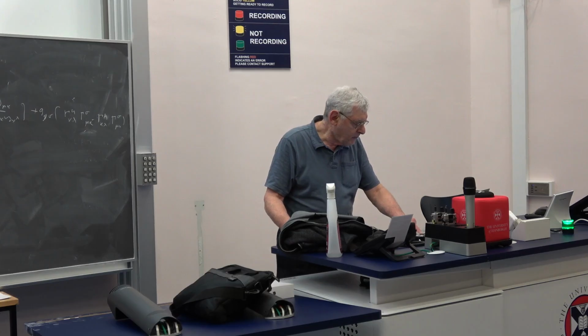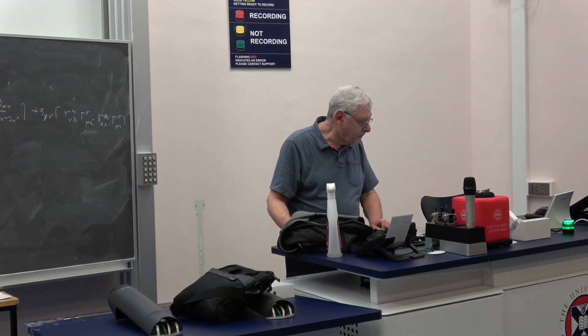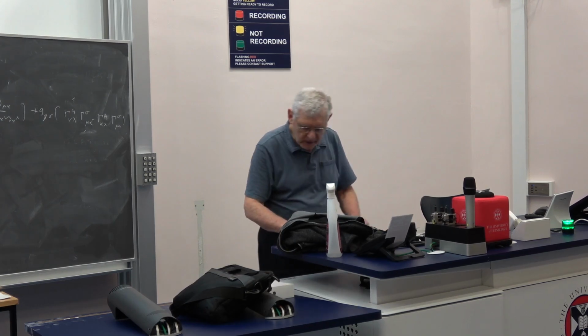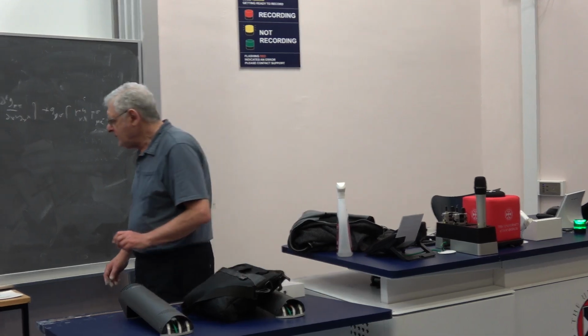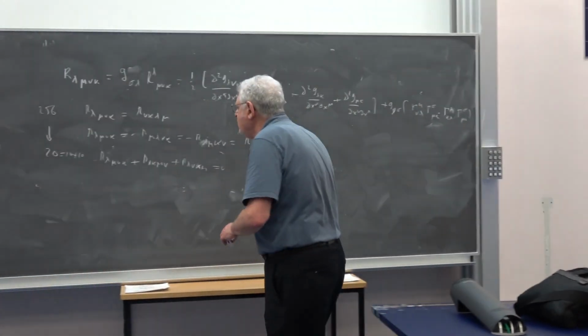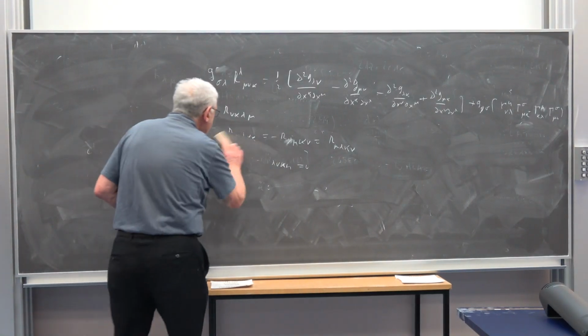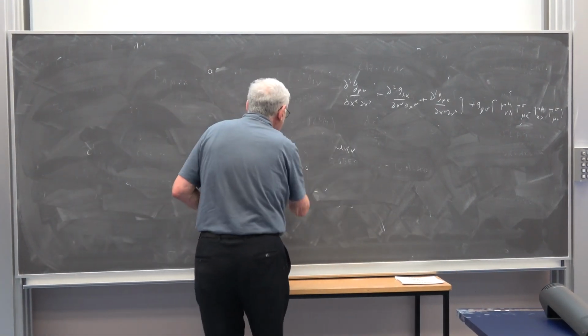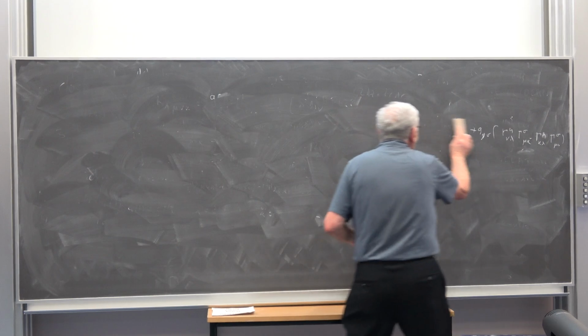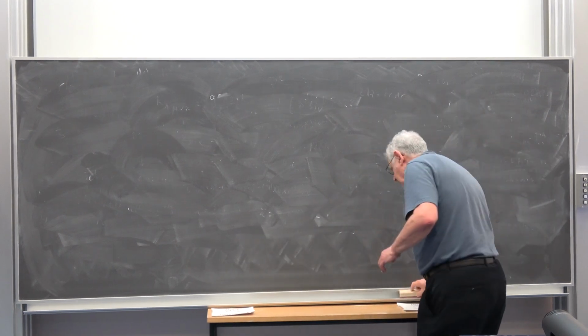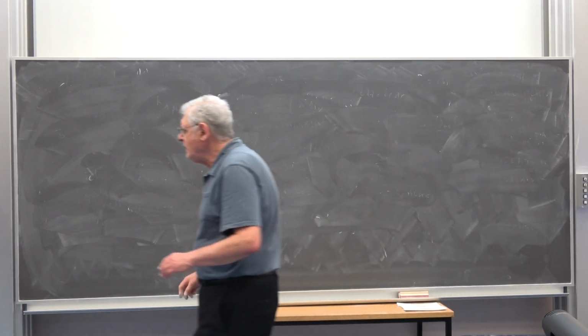Now, we've seen the Riemann tensor. Now what I want to do is the trick that we did before of going to a coordinate system where I can get rid of the gamma.